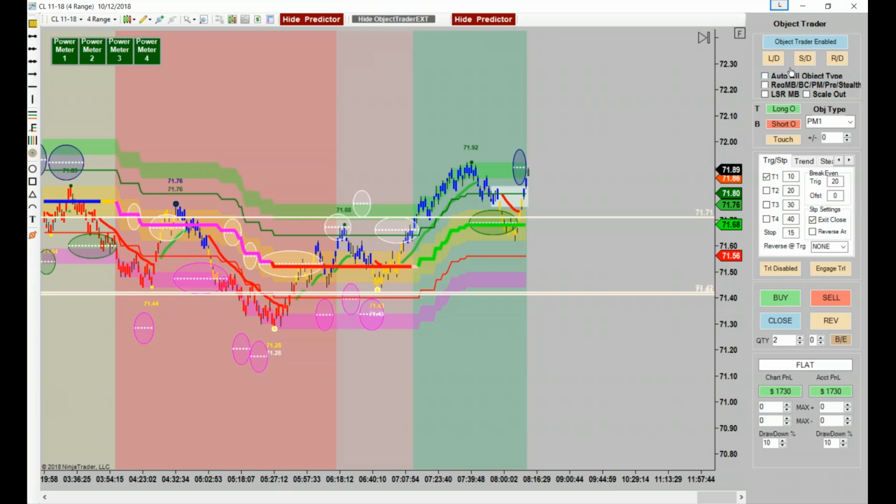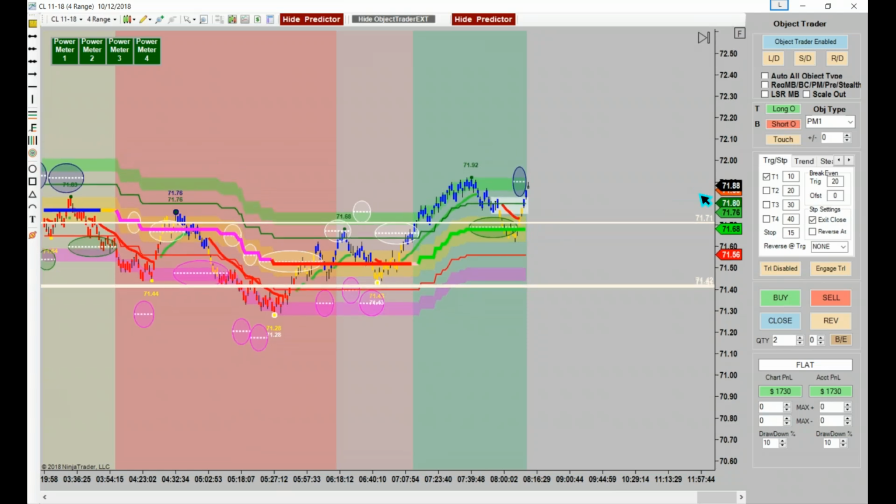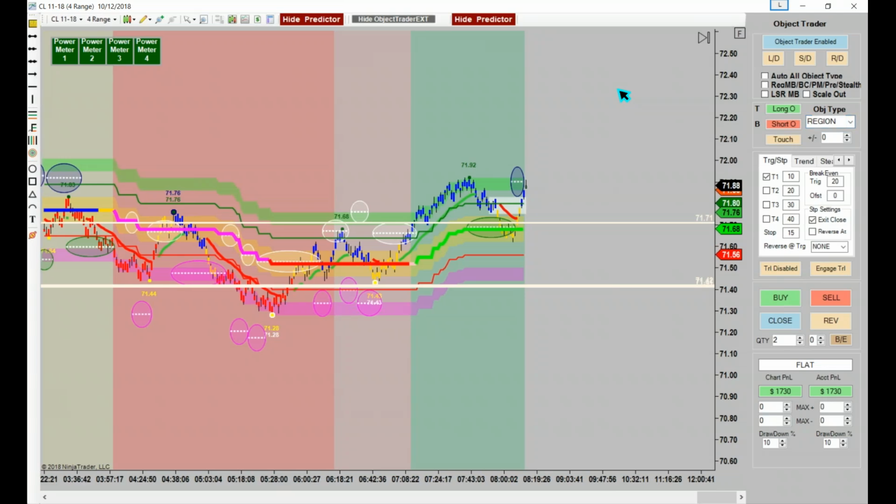Okay. But if you wanted, for instance, to do a box, let's say you did a box right here. All right. And well, you already went long, right? But what if you left your box on there? Go ahead and put it back on. Now, the box will always draw with the last bar.